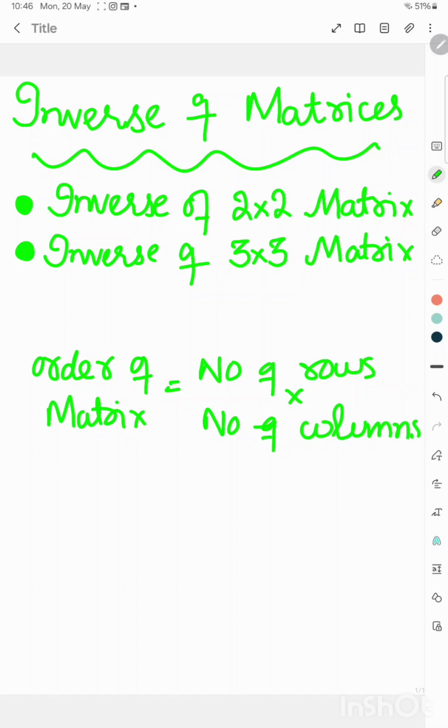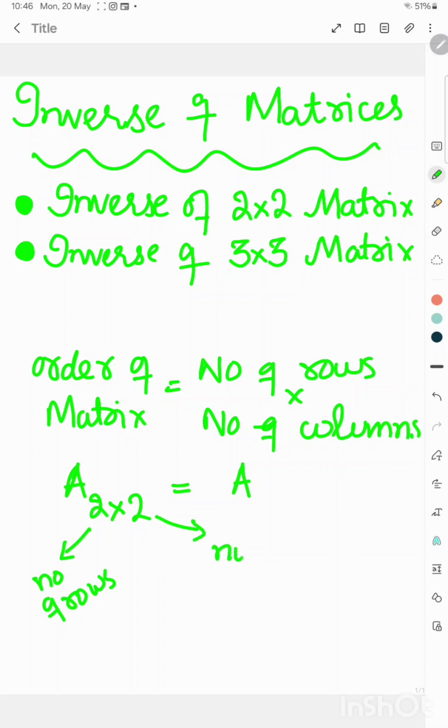So if there is a 2 cross 2 matrix, it means that in this matrix the number of rows is on the left side, and the number of columns is on the right side. It shows the order of the matrix.